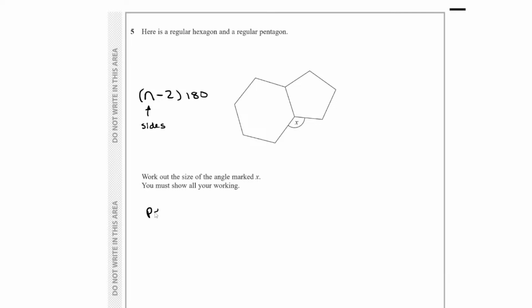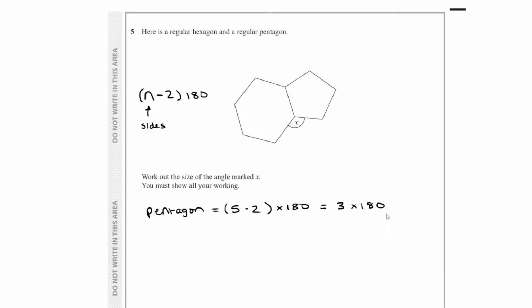So for the pentagon, if you obviously don't have it memorized, I would do 5 minus 2 times 180. Obviously it's non-calculated, so we do have to work this out ourselves, but that's fine. Obviously make sure you follow the formula properly. 5 minus 2, which gives you 3. 3 is basically the same as 3 times 180.